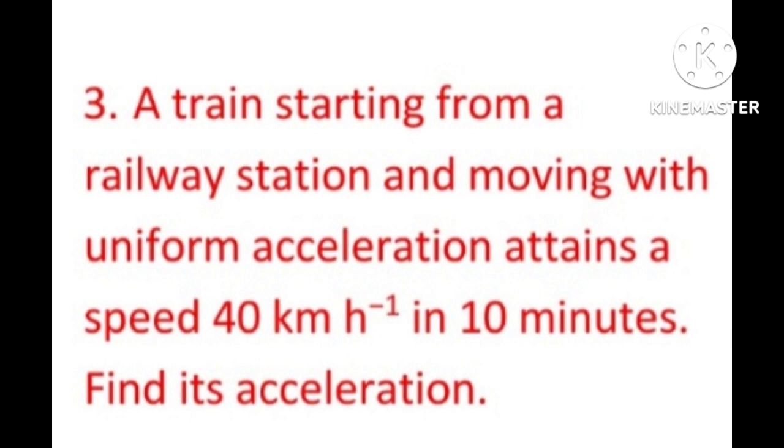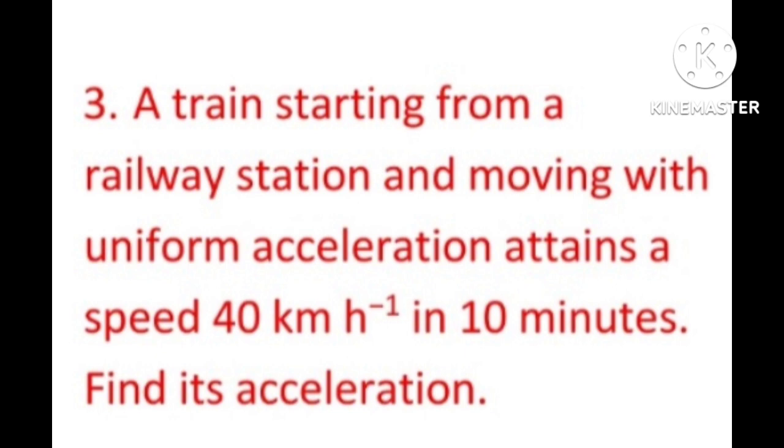Now we can move to the third question. A train starting from a railway station and moving with uniform acceleration attains a speed of 40 km per hour in 10 minutes. Find its acceleration. So look at the question. What are the things given here? A train starting from rest.